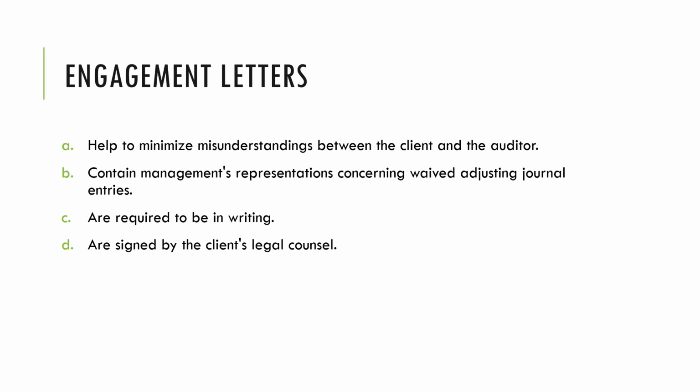Letter B already is more on the ending part of the audit. Letter C, are required to be in writing, but similar to our contracts, while it would be best practice to have it in writing, an agreement can be reached even through verbal or oral agreement, right? Or letter D, are signed by the client's legal counsel, also a no, because this will be signed by the appropriate level of management. So the answer here is letter A.